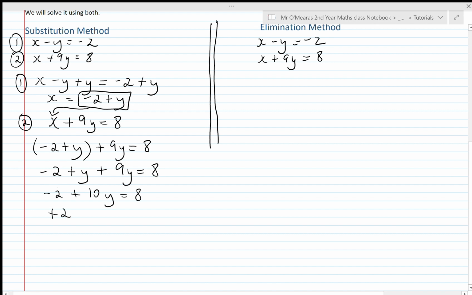So to do that, we need to eliminate the minus 2 from the left hand side. That means we do the inverse operation. If you can recall a previous video, inverse operation, minus 2 plus 2 is 0. So we'll end up with 2y equals 10.